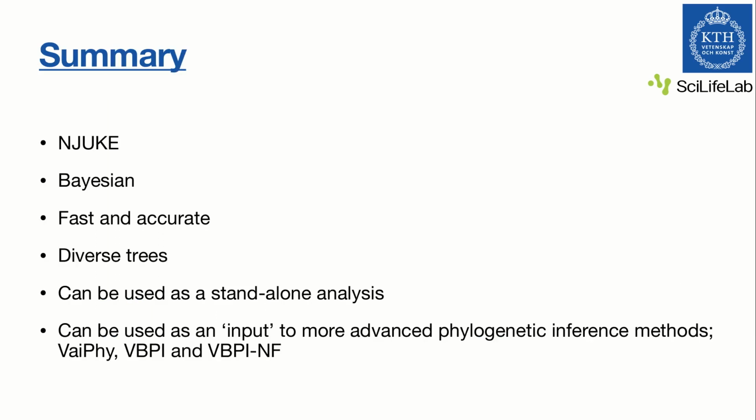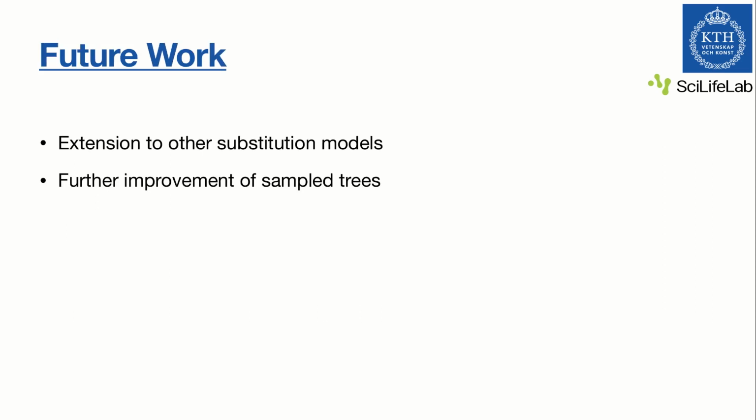To summarize, we introduced this new method called NJUKE. It has a Bayesian foundation thanks to the JC sampler part, it is a fast and accurate approach, it provides diverse trees, and it can be used as a standalone analysis, for instance majority consensus analysis, or as an input to more advanced phylogenetic inference methods such as VBPI and VIPINF.